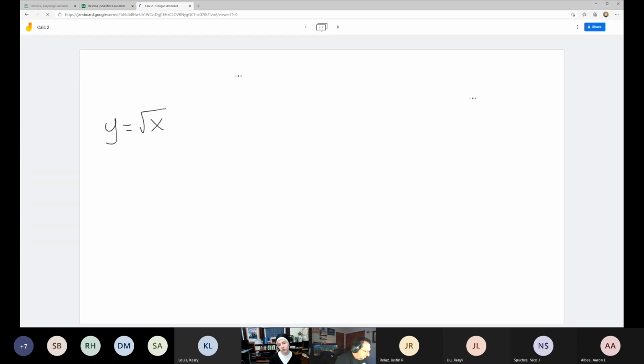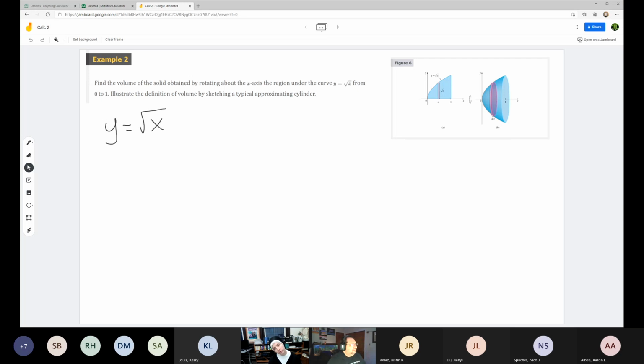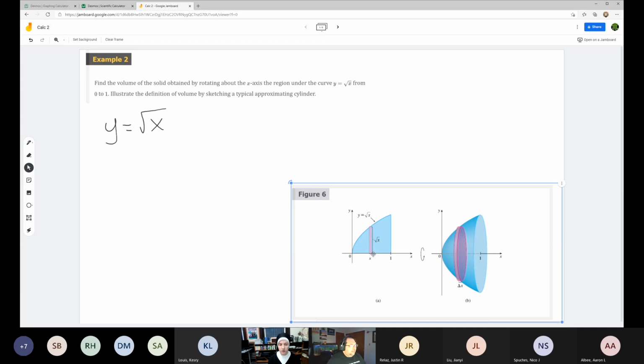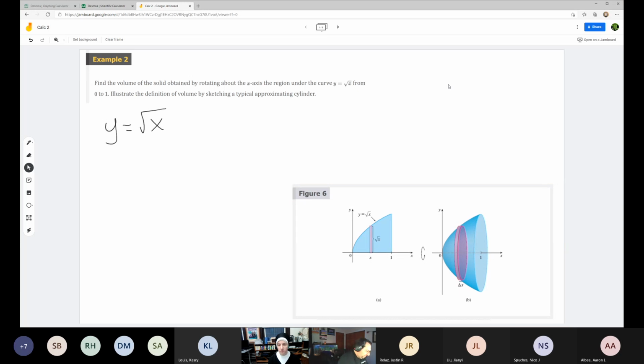I'm going to make that a little bit bigger because it's small even on my screen. That's better. Now you can see it a little better. So that's going to be my radius right there, going up and down. So in this case, my radius is the square root of x.